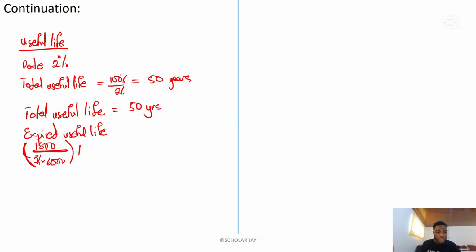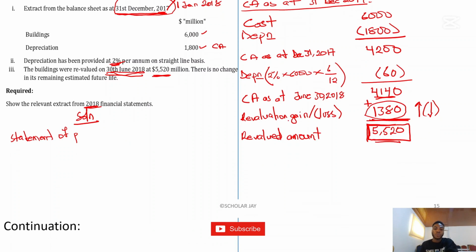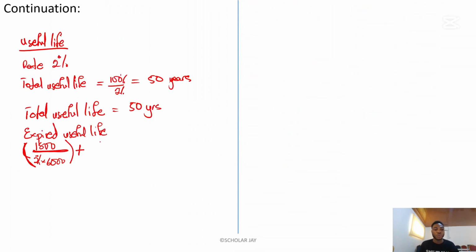But don't forget that this 1,800 was as at 1st December 2017. So you also have to add the amount that was calculated here. I hope you are getting it. Depreciation was calculated before the revaluation, for 6 months. So in terms of a fraction, it will be 0.5. Is that not it?